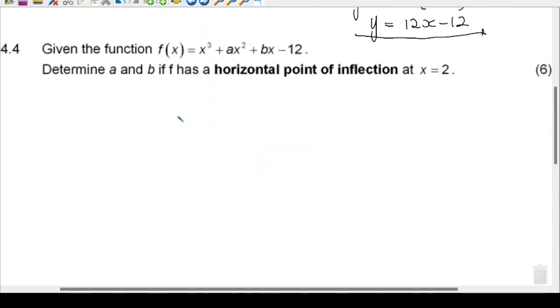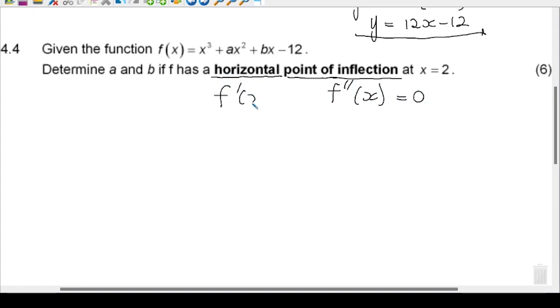Okay, next up we're going to dive into this question. It asks us to find values of a and b. As we've spoken about previously, often in maths when we ask to find two variables, we need to set up two equations. We know that the second derivative is 0 at a point of inflection.